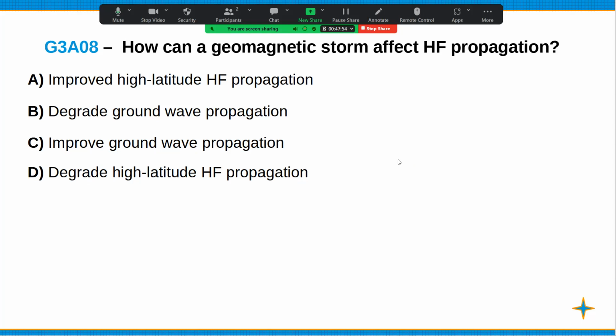How can a geomagnetic storm affect HF propagation? Degrades high latitude, not altitude. Polar regions.